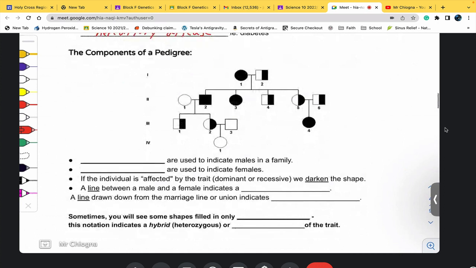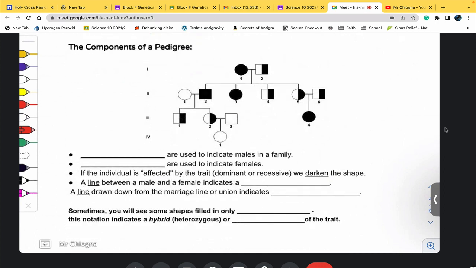Okay, so here's an example of a pedigree picture. These Roman numerals here indicate the number of generations.